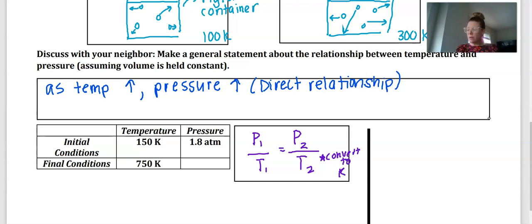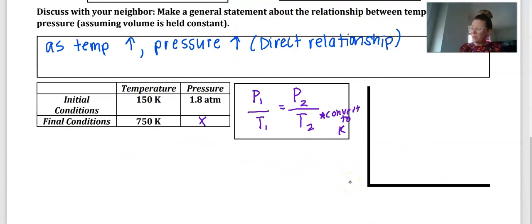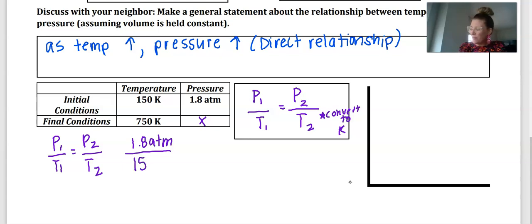Okay, so we have our final conditions and our initial conditions. Let's set this up. We end up with P1 over T1 equals P2 over T2. Our initial pressure is 1.8 atmospheres over our initial temperature, 150 Kelvin. It's so nice, it's already in Kelvin for us. X atmospheres over 750 Kelvin.